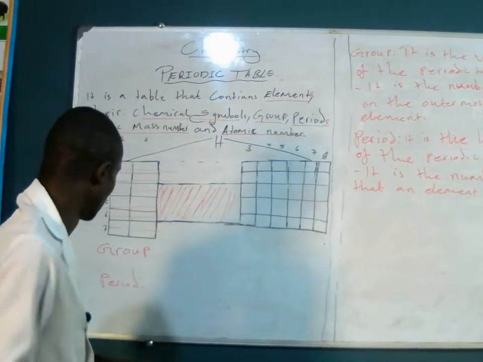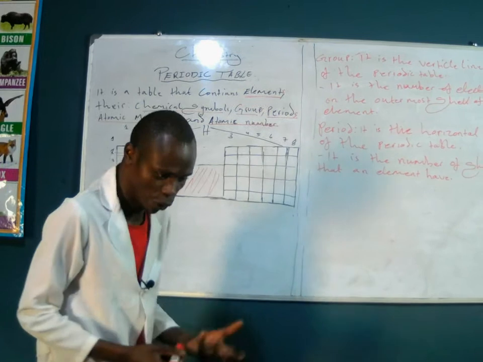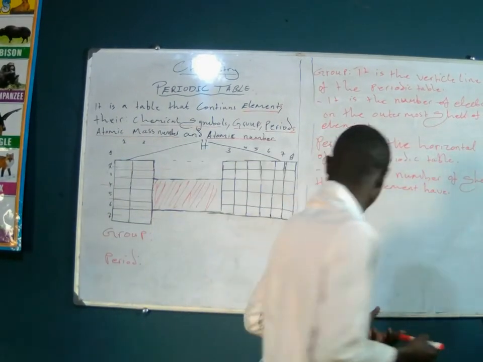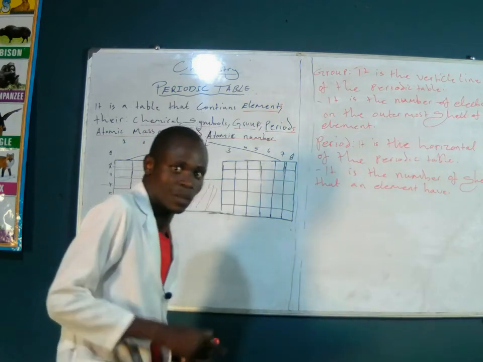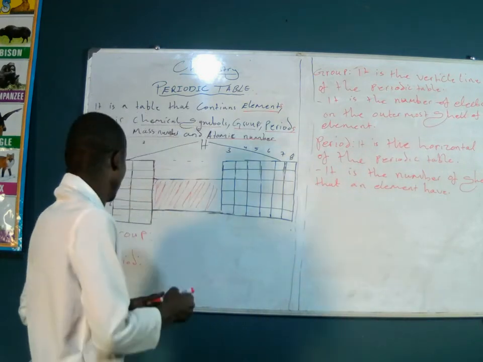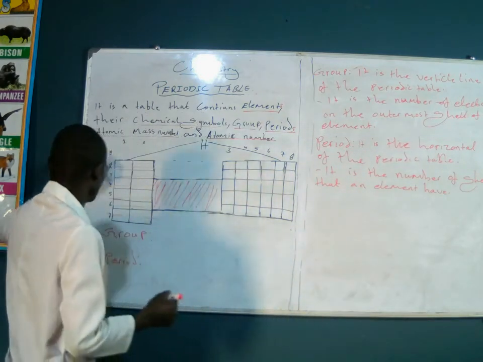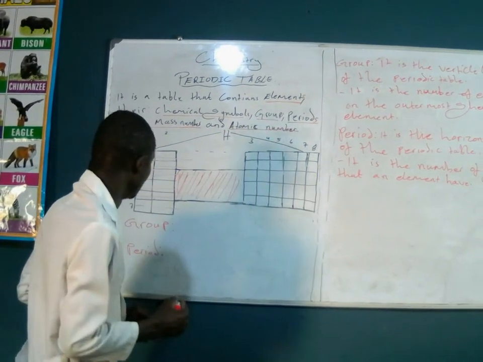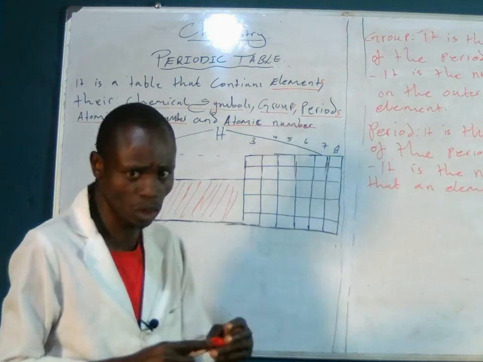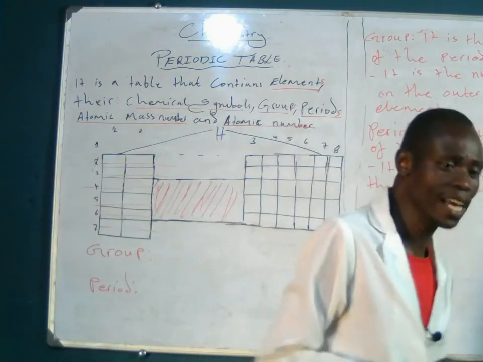Now apart from the group, let us talk about the groups in detail. We need to understand that group 1 elements are given a special name.